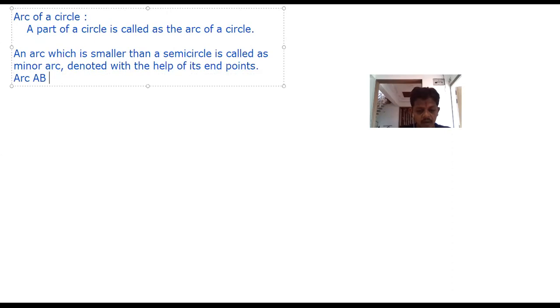Arc AB. And draw the arc symbol over AB, and arc AB is the minor arc of the circle.